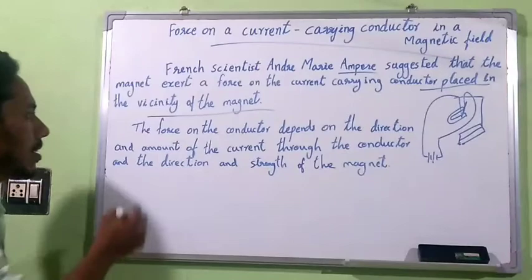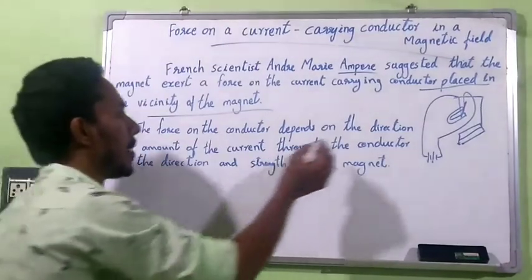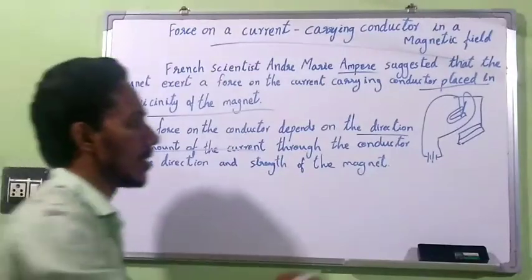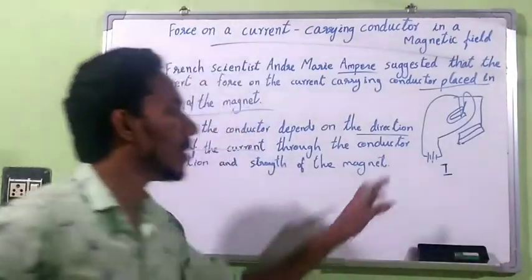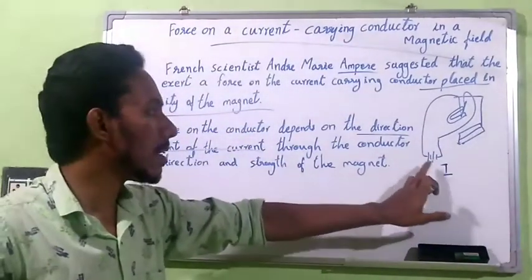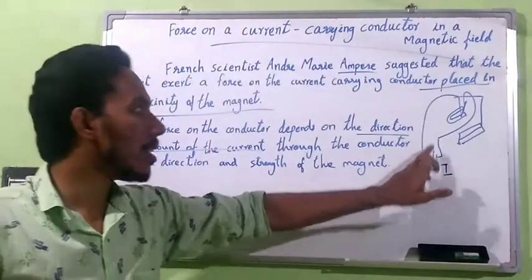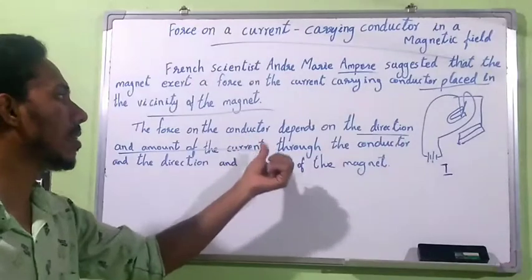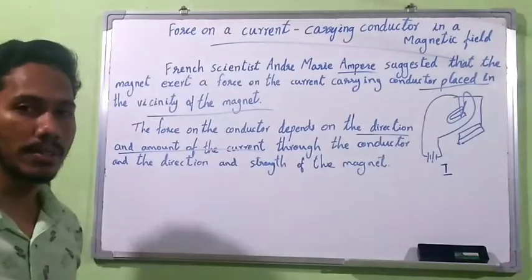The force on the conductor depends on the direction and amount of current. When we increase the current by increasing the number of batteries, the force will also increase.